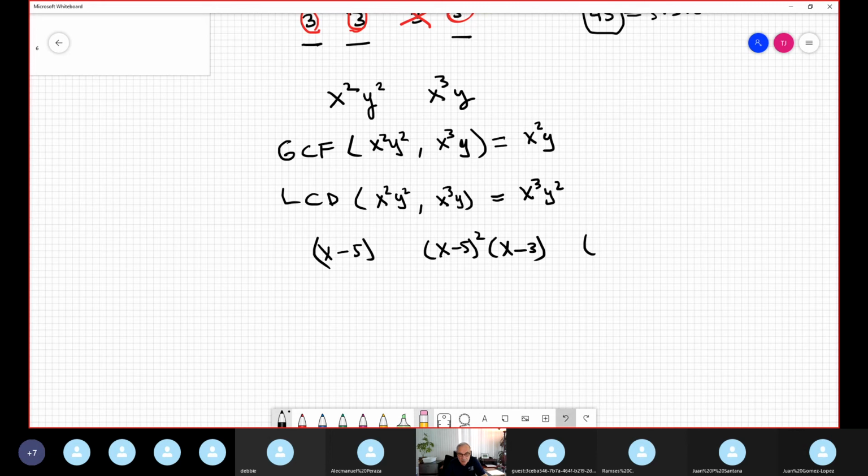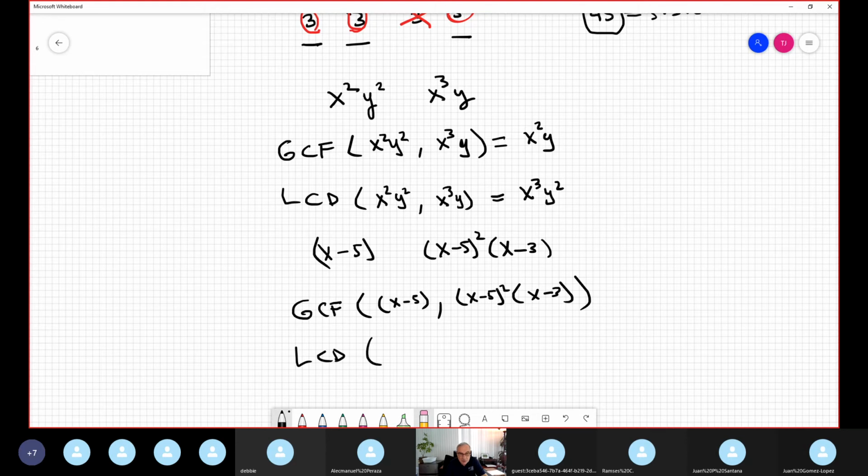And you find, for example, the greatest common factor of x minus 5 and x minus 5 squared times x minus 3, and you find the least common denominator between x minus 5 and x minus 5 squared times x minus 3.